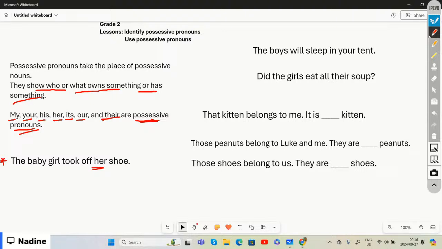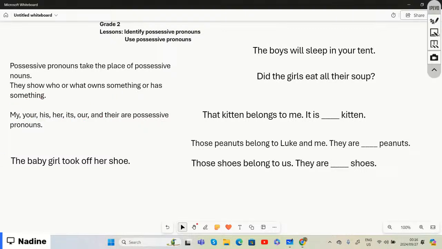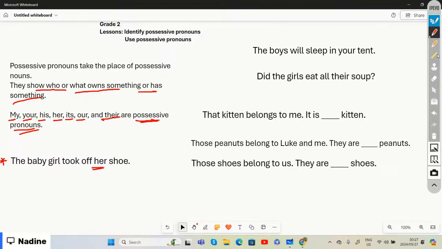The next one says, the boys will sleep in your tent. The boys will sleep in your tent.